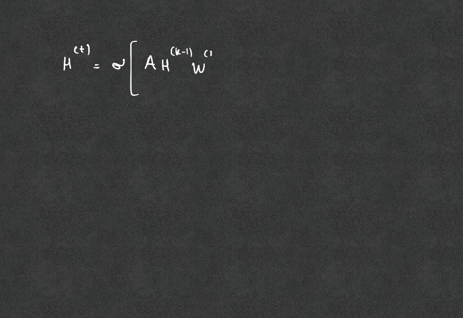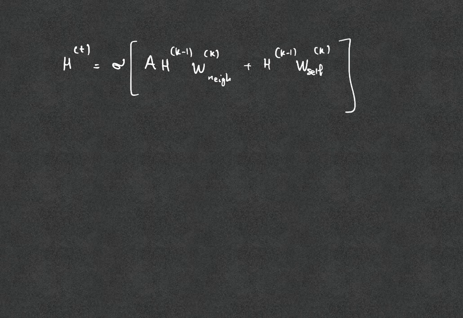To write the same thing, but this time in a vectorized form, and for the entire graph, we are going to have this. So here's the vectorized form of it.